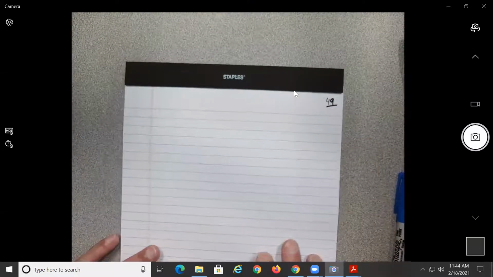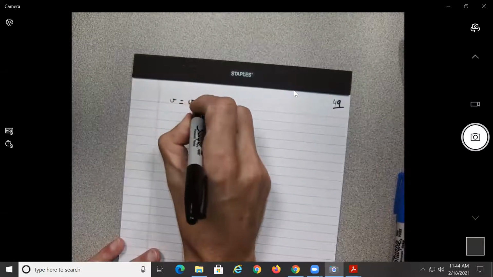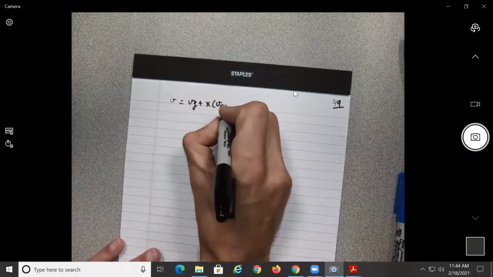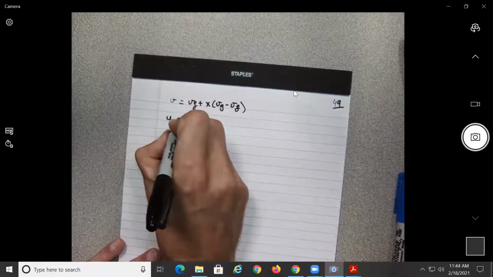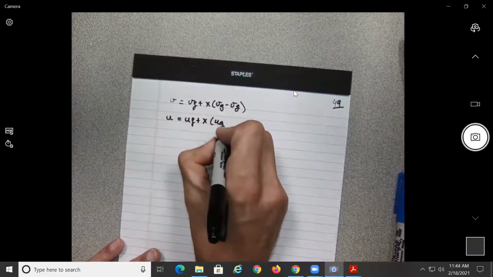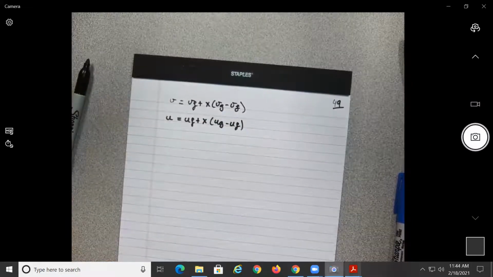Okay, and knowing X, you can find, for example, the specific volume, which would be equal to V fluid plus X times (V gas minus V fluid). Or you can find the internal energy, which would be U sub F plus X times (U sub G minus U sub F). Again, these are the expressions that you had over here.